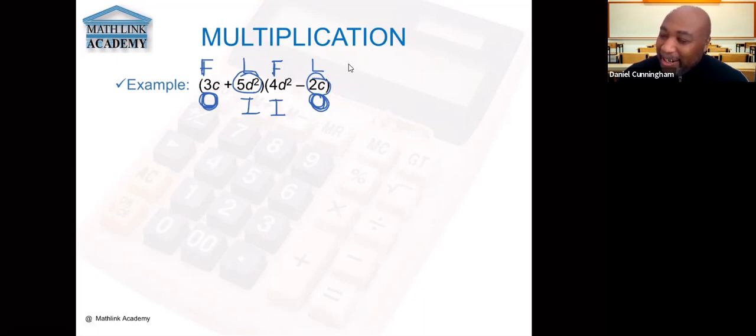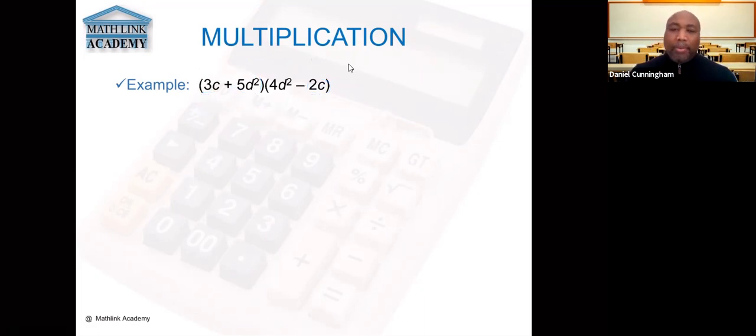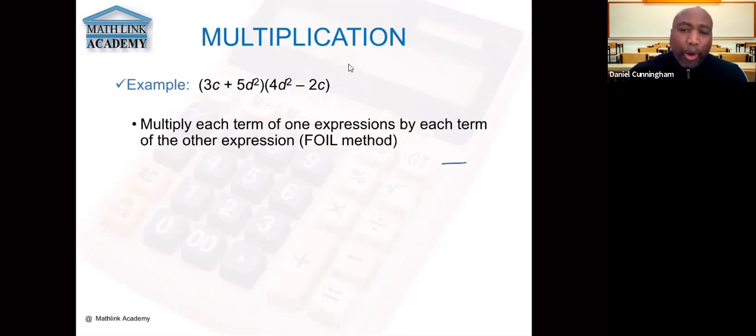And so let's look at here, guys. First, outer, inner, last. I know you're thinking about that. So I'm going to let the slide show us how to do this. So the FOIL method, F-O-I-L: first, outer, inner, last. So let's do the first terms.